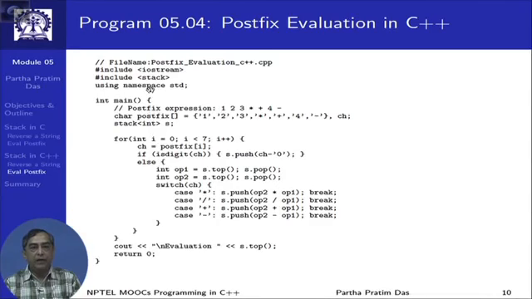This code is again very similar to the C code that we had written, with the exception of having to include the stack header, define the stack with this notation, and then all the stack functions are written in a little bit different format, but the code otherwise is as it was in C, with the advantage that we do not have to do anything in terms of the stack code implementation.